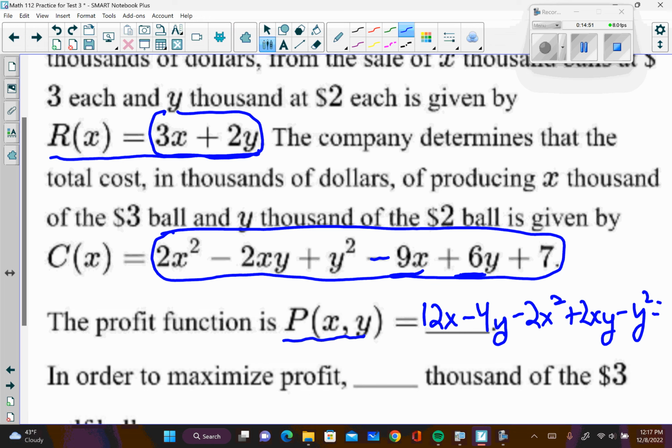Try to squeeze that in there. So that all of this is the profit function. We just took the revenue, which is above circled, minus the cost. All of these in the cost function got negated because it's minus all of that.